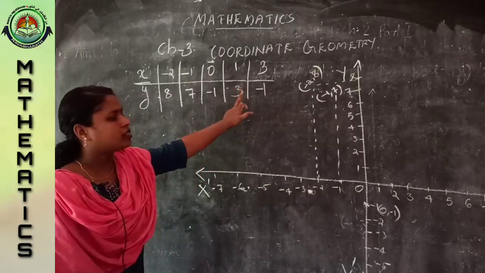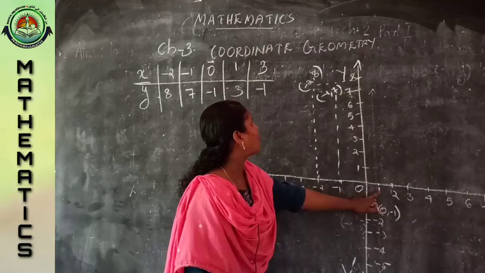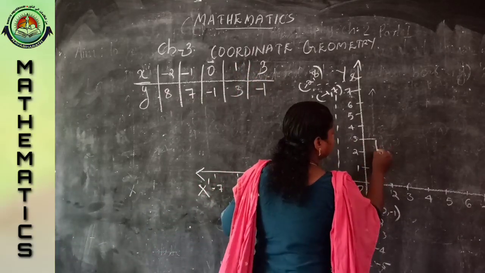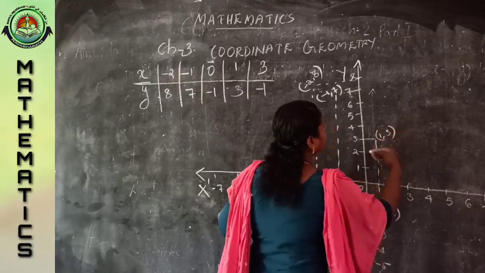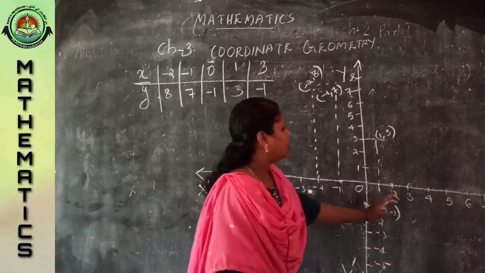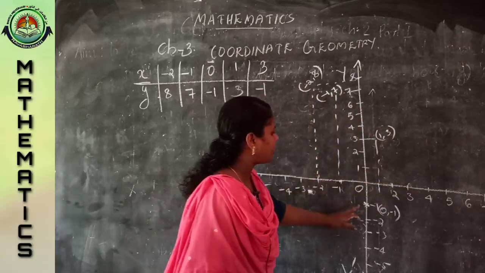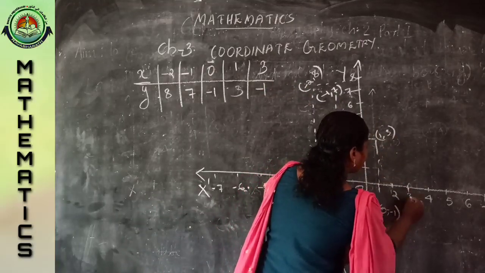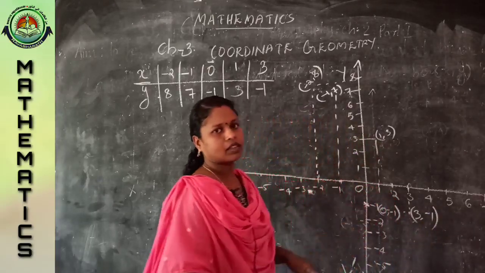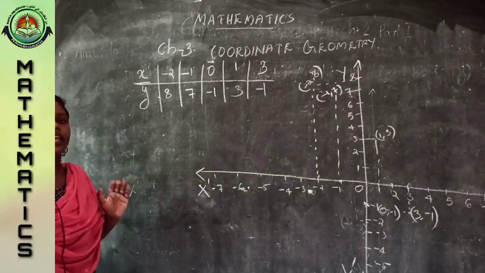Then 1, 3: on the x-axis we take 1 and on the y-axis 3. Then 3, negative 1: on the x-axis it is 3 and on the y-axis negative 1. This will be the point. Okay, it is very simple to plot points on a Cartesian plane.